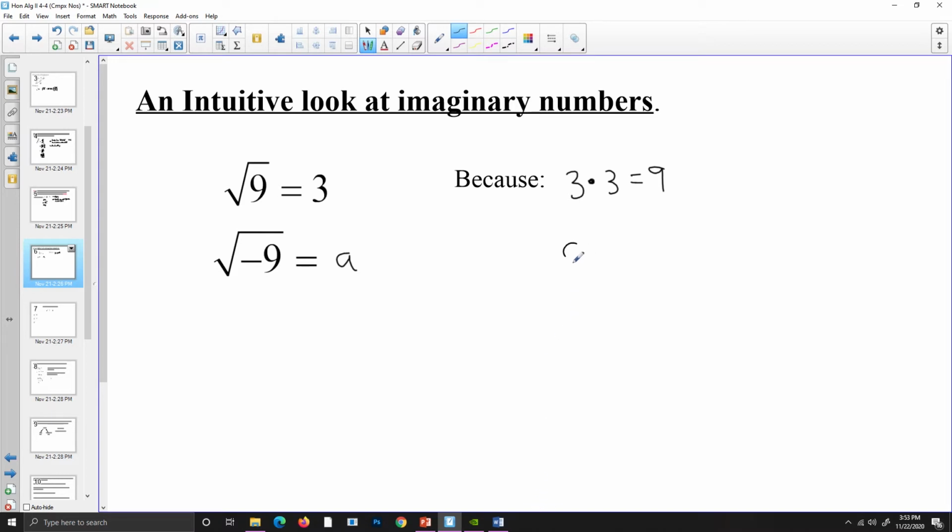By the same logic, a times a would have to equal -9. Now there's a problem with that. If a is positive, then a times a is going to yield a positive.